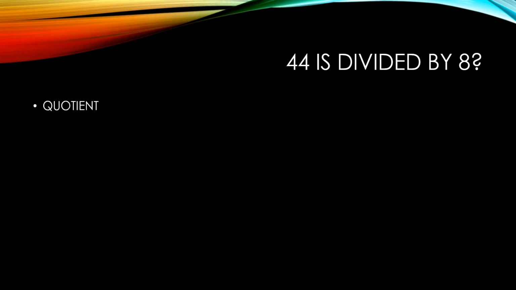So for the quotient, 44 div 8, the whole number result is 5. 44 divided by 8 is 5, the whole number. And for the remainder, 44 mod 8, the excess is 4. So that will be our answer.